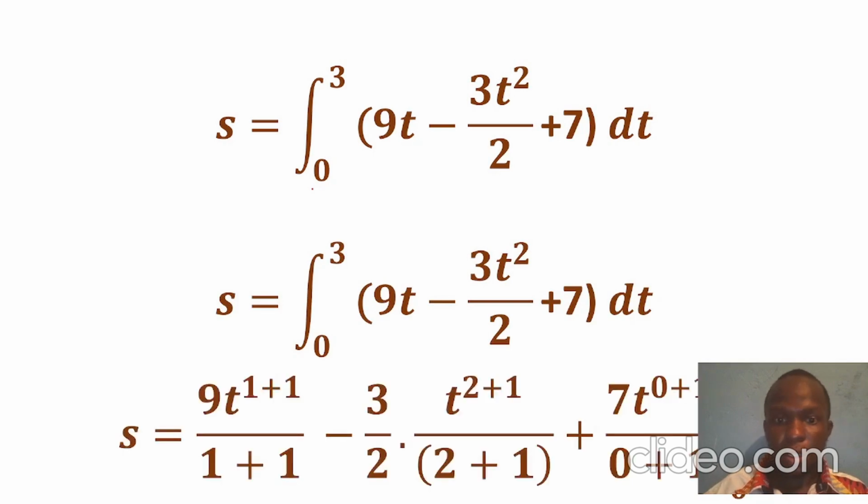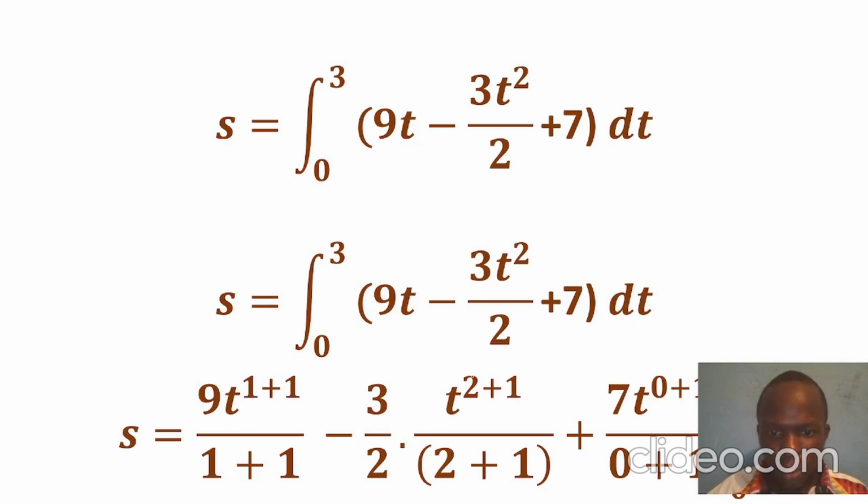So this is how the integration takes place. You see t, 9t plus 1 over 1 plus 1. We look at the variable and the power to which it is raised. You add 1 to the power, divided by the new power, 1 plus 1, minus 3t over 2. You can see this is t squared, just add 1 over.